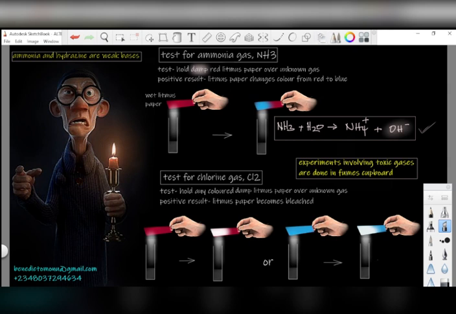That said, for the test for chlorine, all you need to do is hold any color of damp litmus paper, since it's a gas, you have to dampen the litmus paper still, be it red or blue, over the unknown gas. Chlorine has the ability of bleaching a red litmus paper to white or bleaching a blue litmus paper to white. So the litmus paper becomes bleached. That is a positive test for chlorine. Else, the gas is not chlorine.